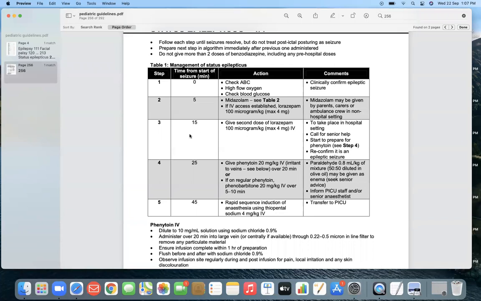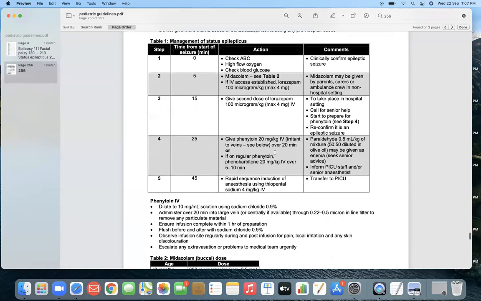Then at 15 minutes, that is 10 minutes from the first dose, if there is no response, you will give a second dose of lorazepam, again 0.1 mg per kg. And this takes place in the hospital setting. At this point, when you administer the second dose, you will call for senior help, start to prepare phenytoin, and reconfirm it is an epileptic seizure.